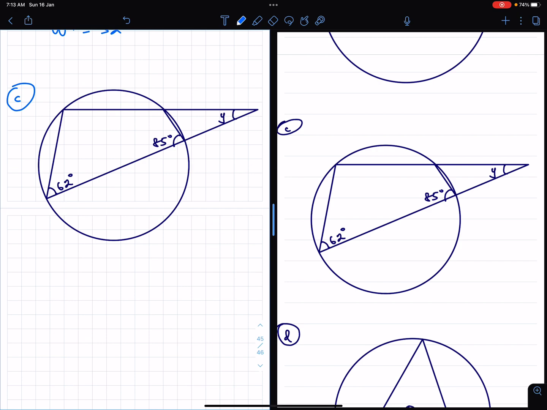First of all, the whole of this is 180. So this blue angle will be 180 minus 85, and that's 95 degrees.